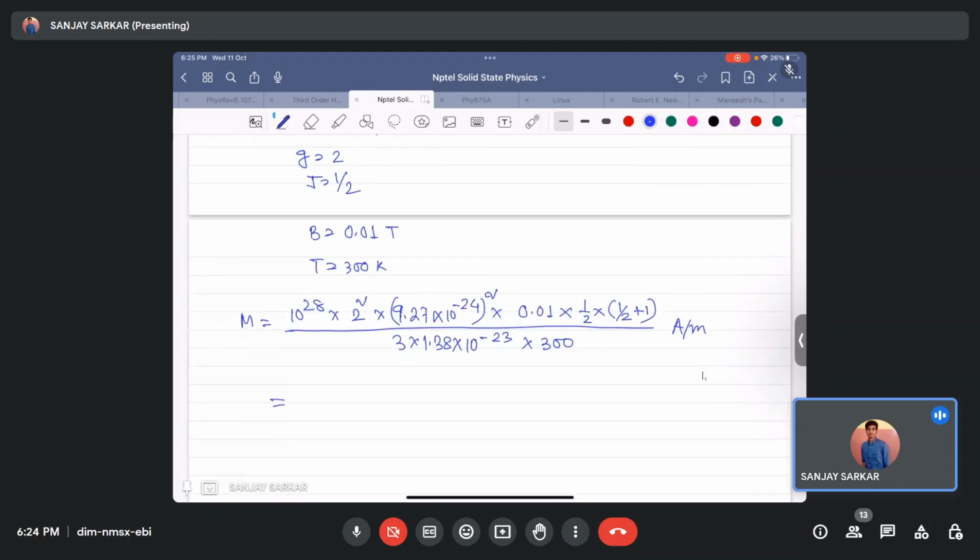This was the same thing we did in the last question. Calculate this and see which option is correct. The right answer is 2.076 ampere per meter. This was easy, right?